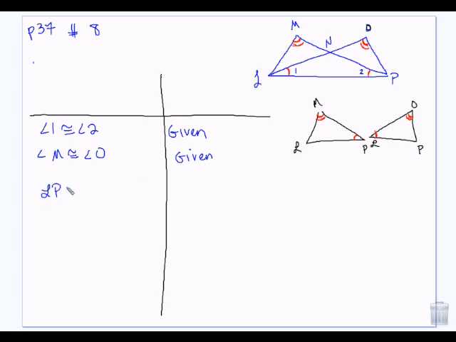So LP is congruent to itself. Anytime it's equal to or congruent to itself, it's reflexive. So those two triangles are congruent to each other because I have angle, angle, side.